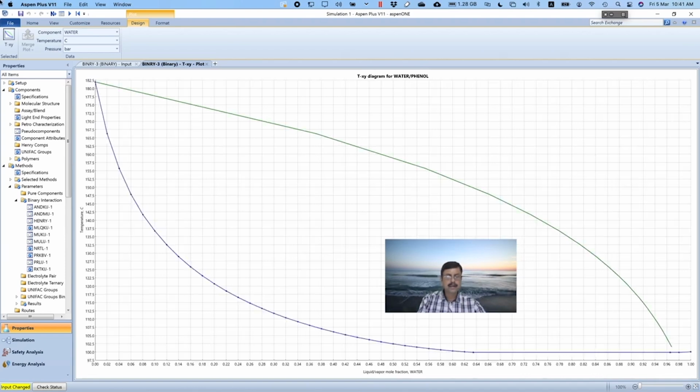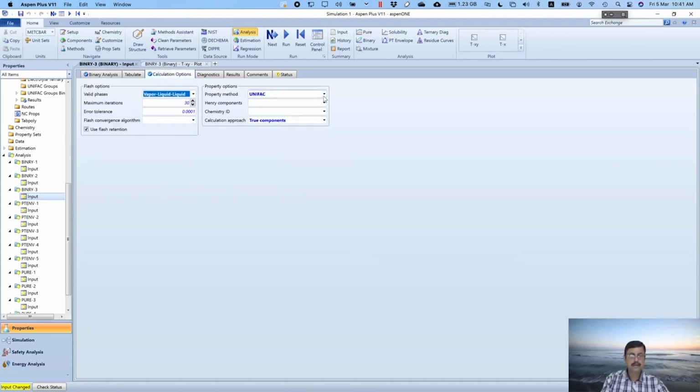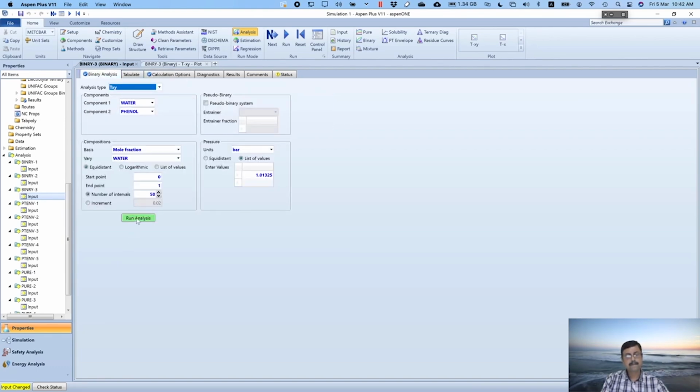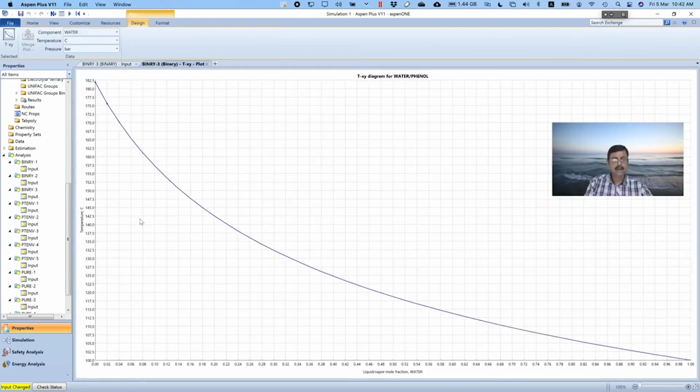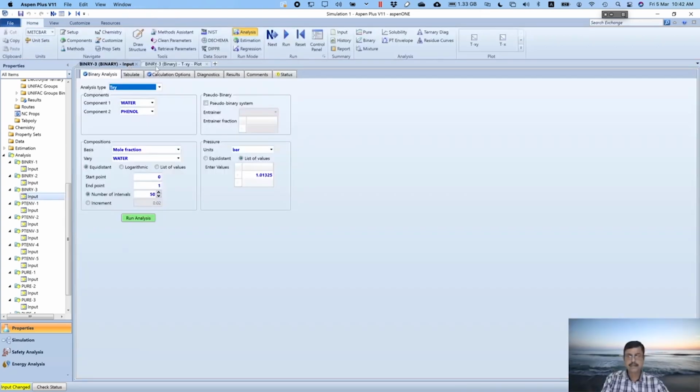Now same thing if you want to do with ideal system, then check what happens. So this is the ideal case.